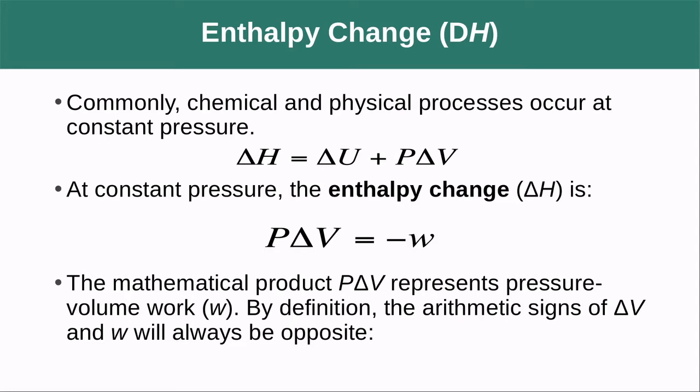So commonly chemical and physical processes occur at constant pressure. At constant pressure, we can make the substitution that P delta V, pressure times the change in volume, is equal to the negative work done by the system on the surroundings.